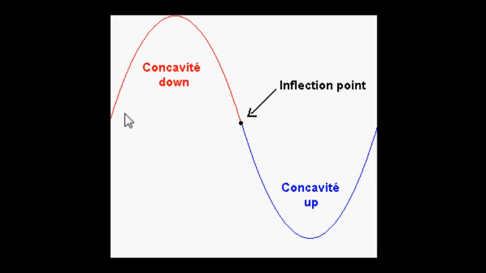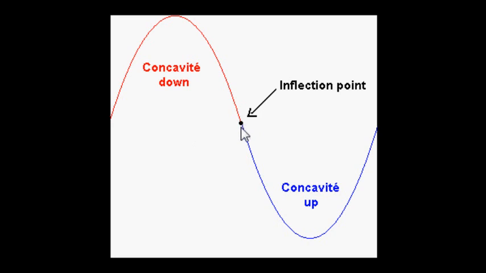Okay, perfect. So concave down: for any value x that corresponds to this region over here on the graph, the second derivative is going to be negative.